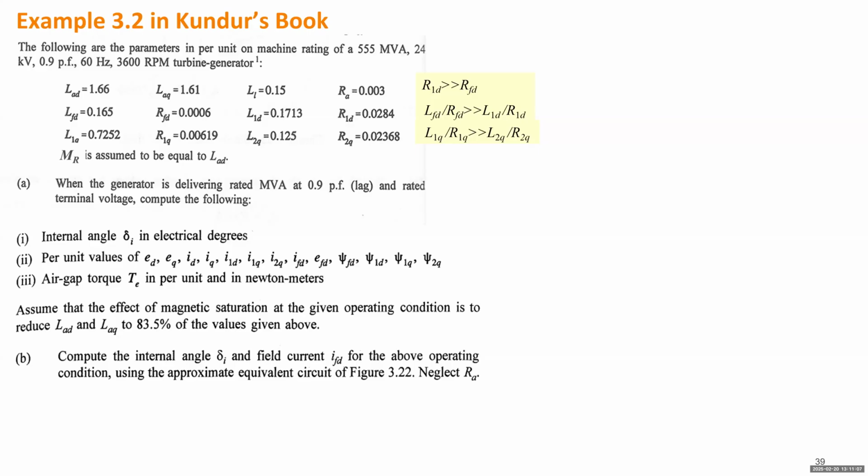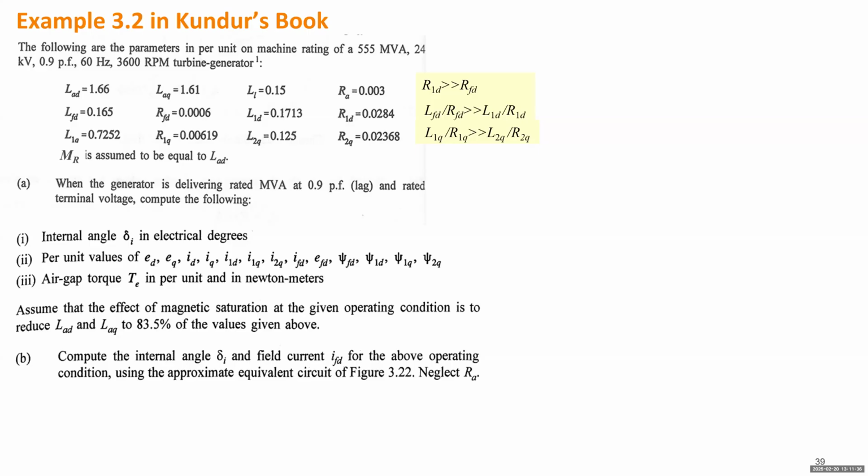If you compare for those typical values, R1D is 0.028, RFD is 0.0006. Okay, so that's true for most of the well-designed generators. Why? Because RFD will create some loss, so it's supposed to be low. You need to minimize the resistance of field winding.